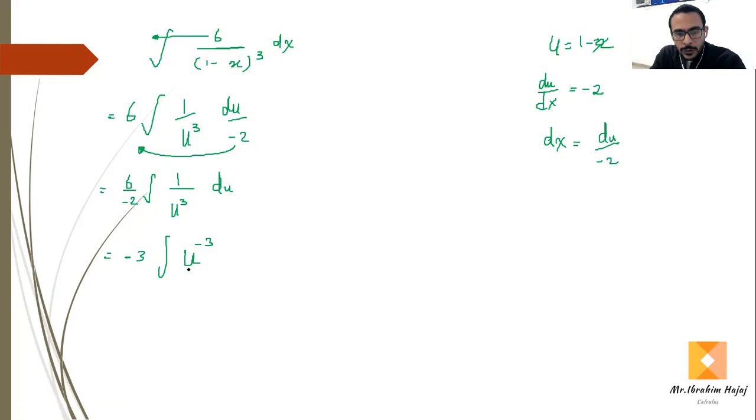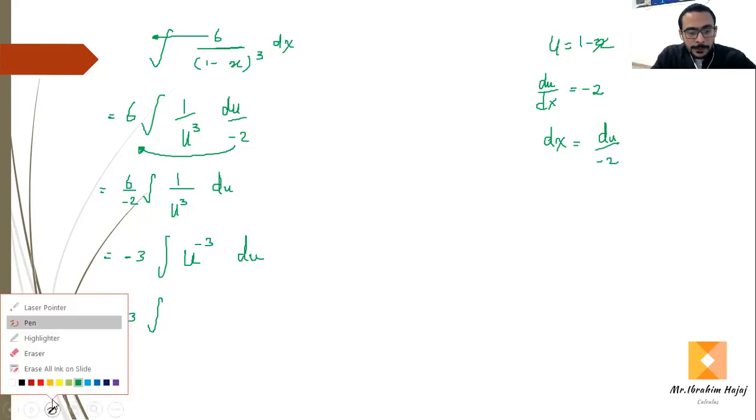So no more 6 right now. We have negative 3 times the integral of u to the power of negative 3 du. Focus on the u. All the constant numbers like 6 and negative 2, you have to leave outside the integral.